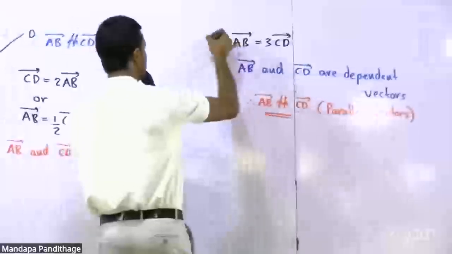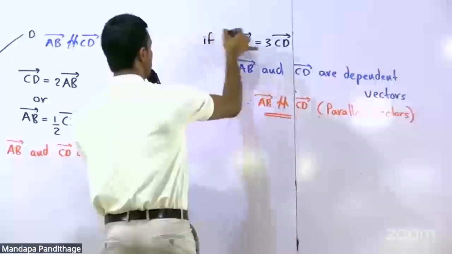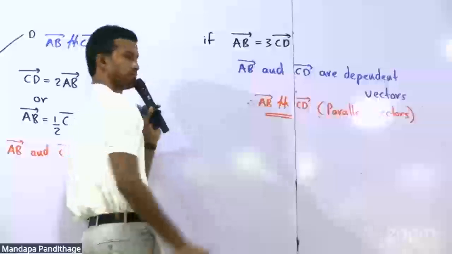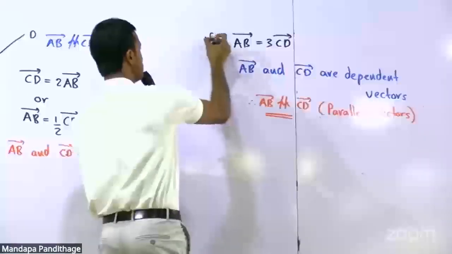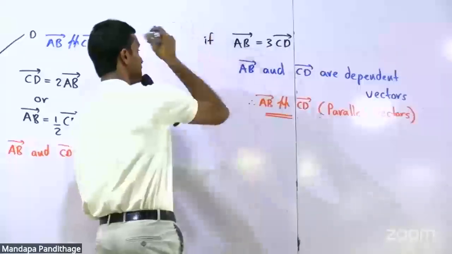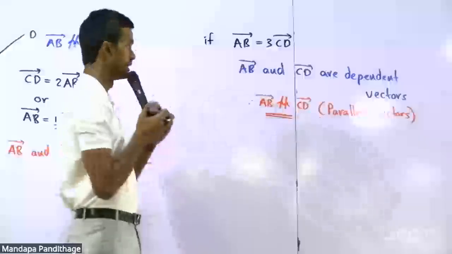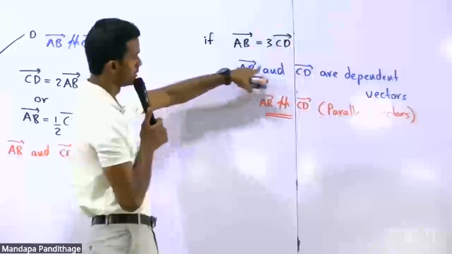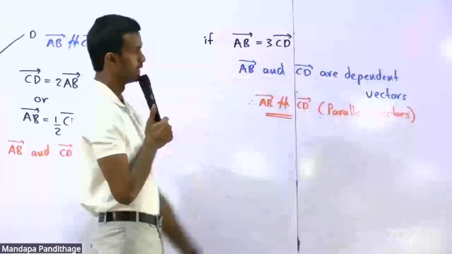Look at the board. If AB is equal to 3 times CD, then AB and CD are dependent.